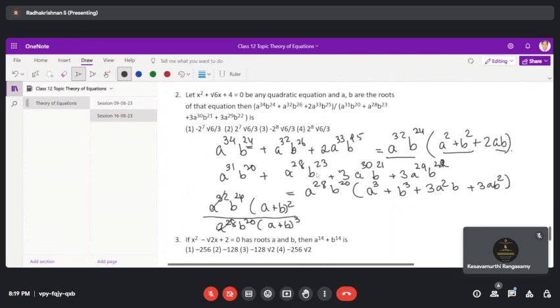So you can see that this gets cancelled, a power 4, this gets cancelled, b power 4, this gets cancelled, and we get ab to the power of 4 divided by a plus b.